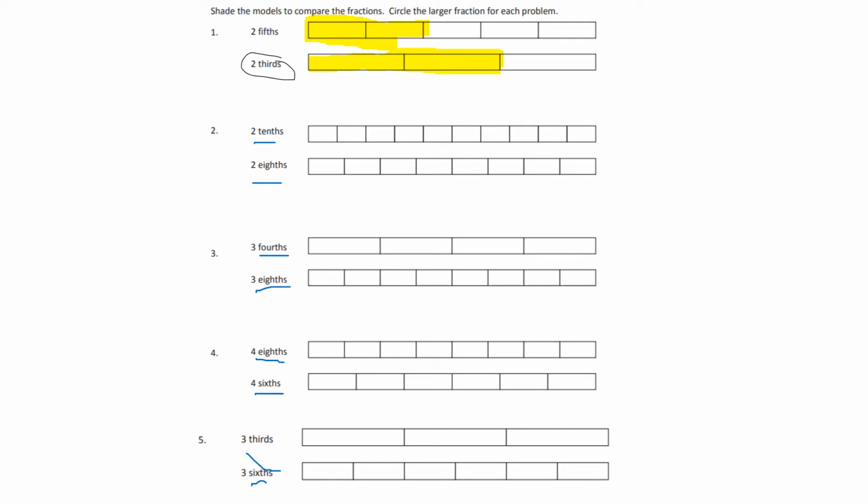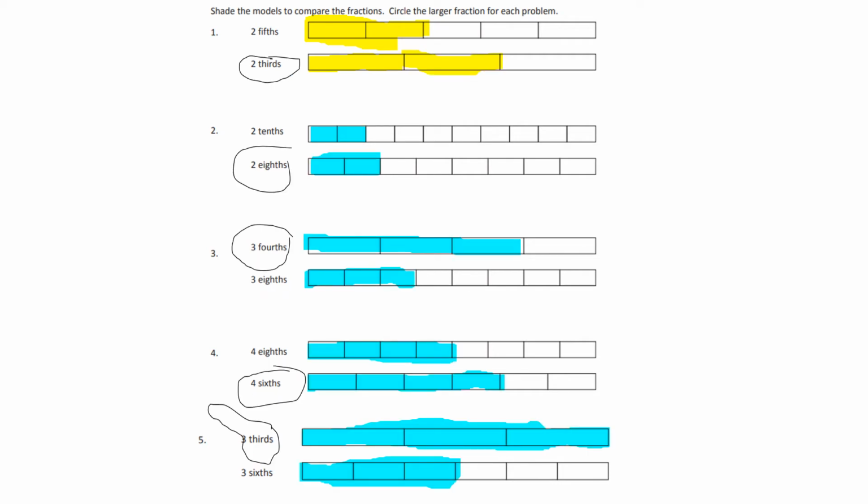And we're going to go over the answers now. For 2, we see 2/8 is bigger. For number 3, 3/4 is bigger. For 4, 4/6 is bigger. And for 5, 3/3 is bigger.